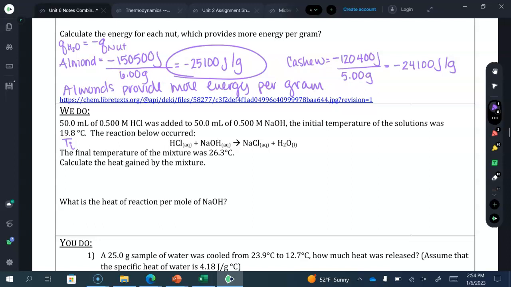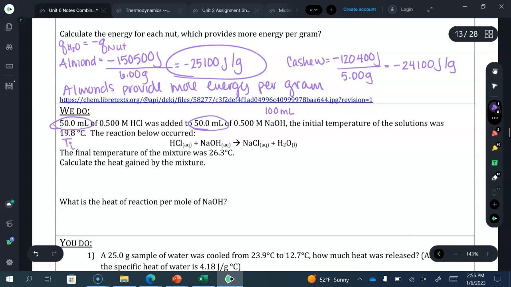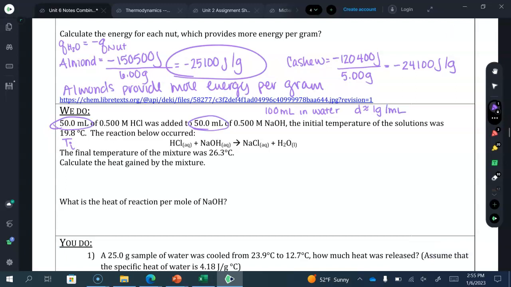Okay, so one assumption we can make, since these are aqueous solutions, is that these two, for a total volume of 100 milliliters, are in water. So we can say that their density is about 1 gram per milliliter. That tells us that our total mass of solution is about 100 grams.